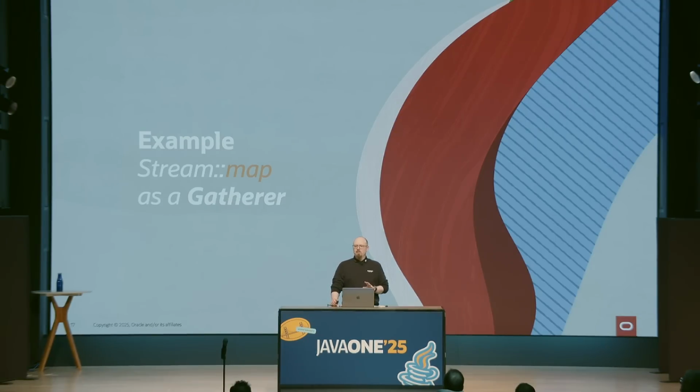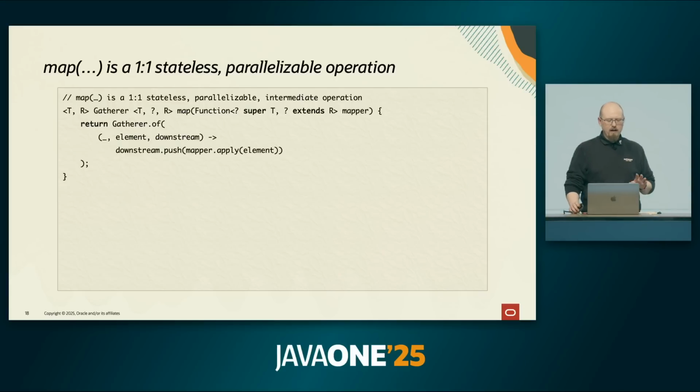Let's look at an example of a simple operation that almost everybody knows instinctively what it does. Here's how we could implement the map operation on stream using just a gatherer. In this case, we provide a lambda, which has the shape of an integrator, to the Gatherer.of factory method. That's similar to Collector.of.